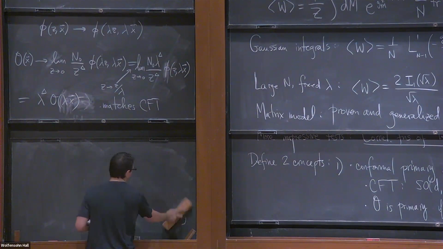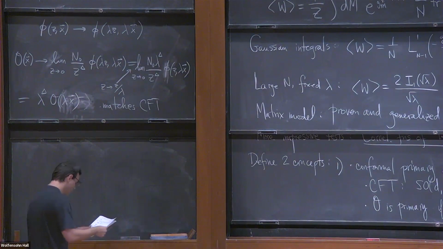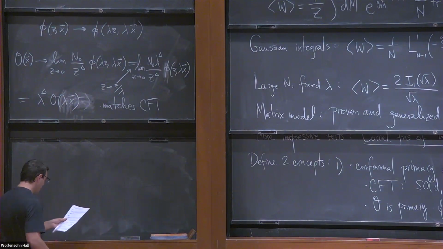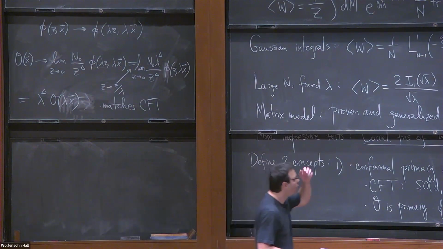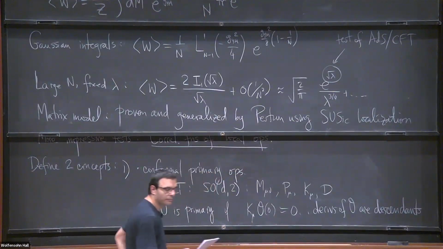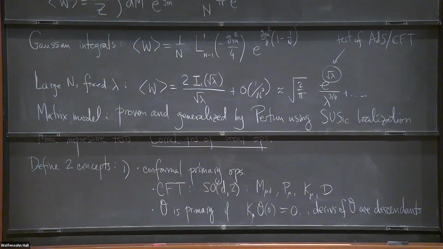And as I mentioned, for each property of the operator O, there's a property of the field phi. In particular, the fact that O has scaling dimension delta implies a property for phi.